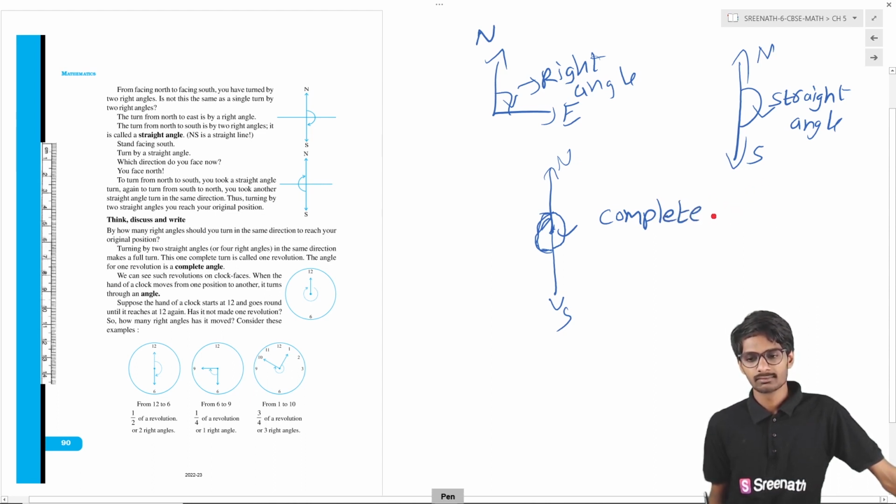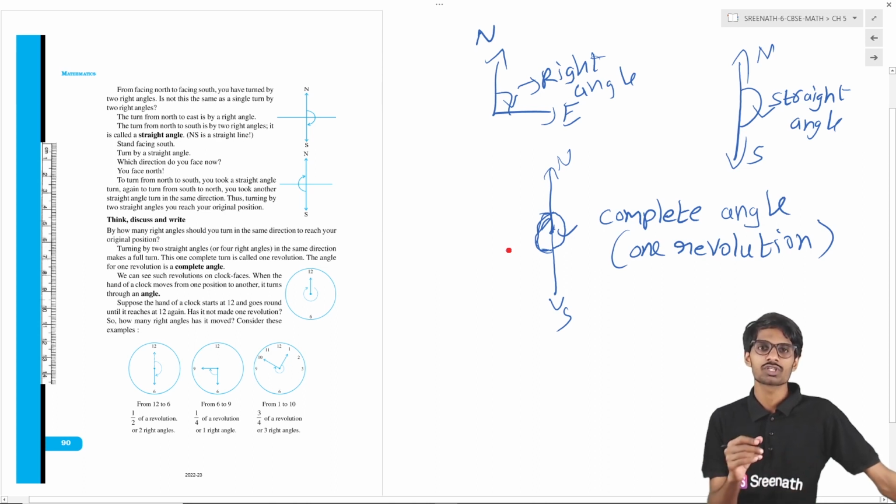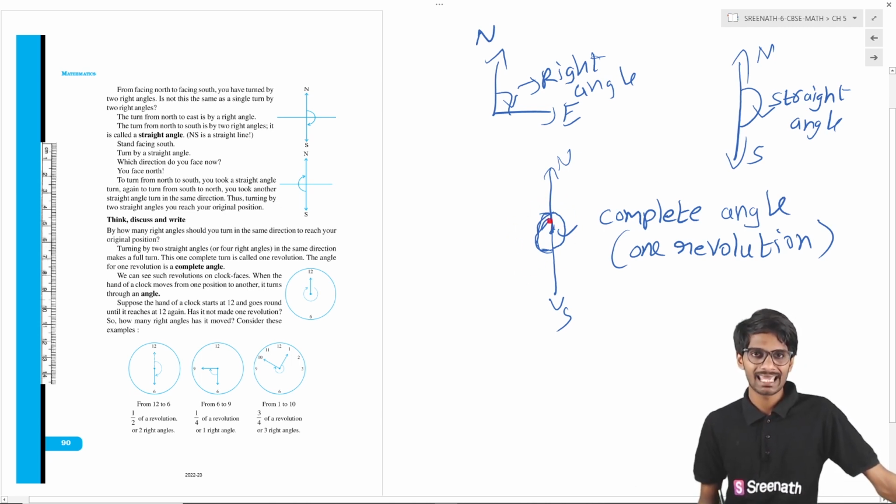Because you have completed one revolution, which means you have reached the final position. Your final position is nothing but your original position. So after making turns, you have reached your original position, which means you have completed one revolution. So this is called a complete angle.